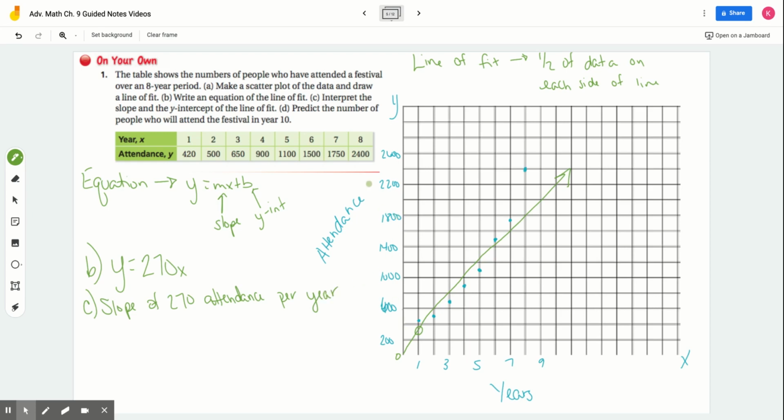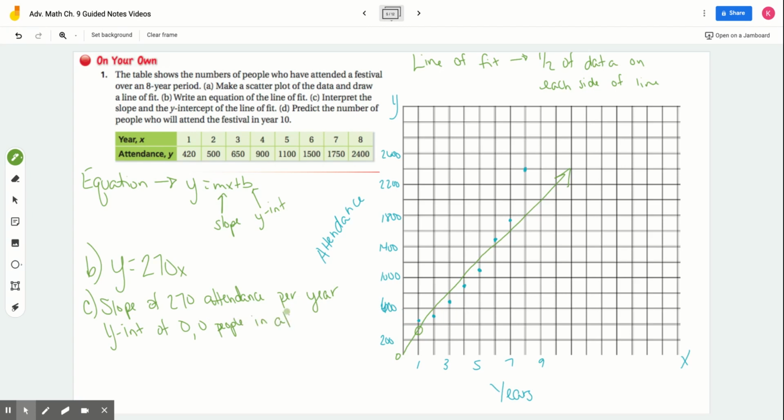We get that from the labels here, the attendance of 270 for each year. The y-intercept of 0 tells us that at year 0, there are 0 people in attendance. So a y-intercept of 0 means 0 people in attendance that year.